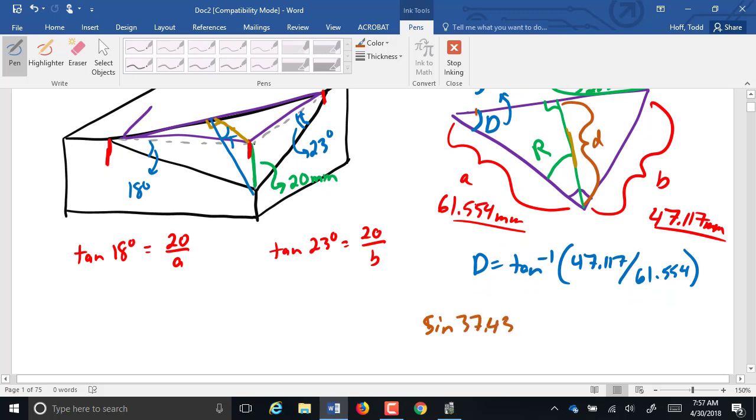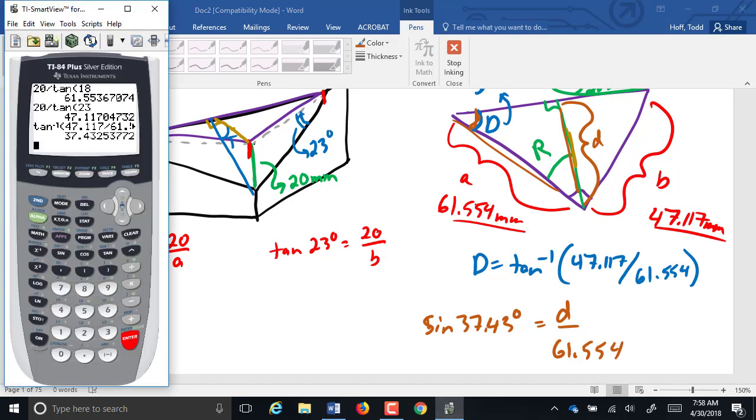Yes, this is 37.43 degrees here. That would be the opposite side. We have the hypotenuse. So the sine of that 37.43 degrees equals that opposite side, I'm going to call it side D, over that hypotenuse of 61.554. That sounds about right.